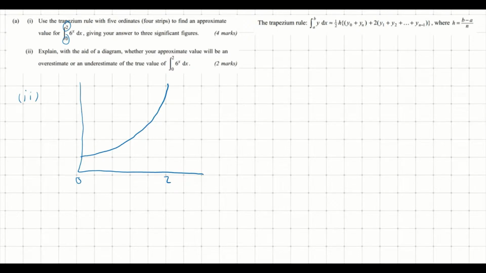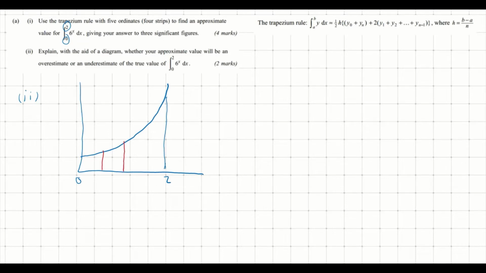And what that means is that if we had to approximate the area under this curve with trapezia, let's have a look at one trapezium. Let's say the one that went between 0.5 and 1.